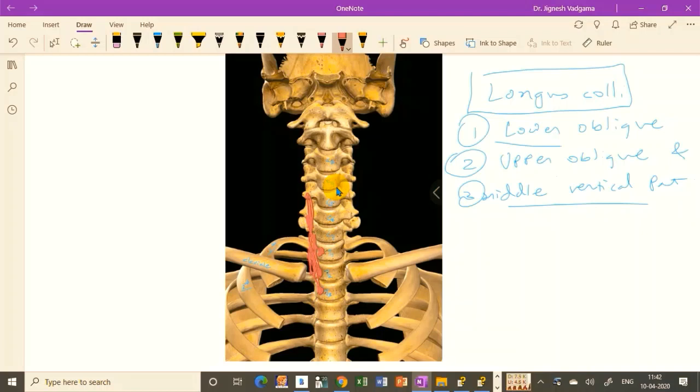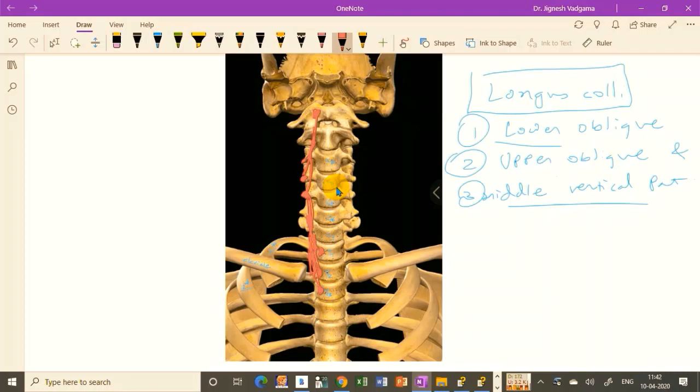Now the upper oblique part is going to arise from the anterior tubercle of the transverse processes of C3, C4, and C5. And it is going to pass upward and medially and attach at the anterior arch of the atlas bone.